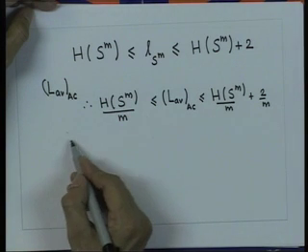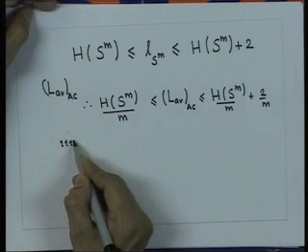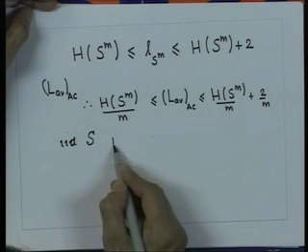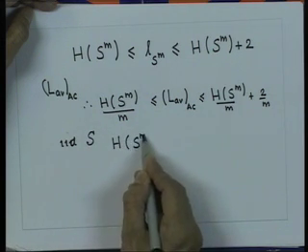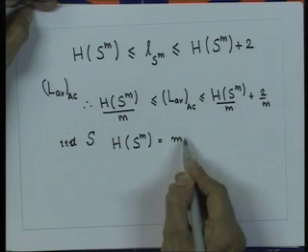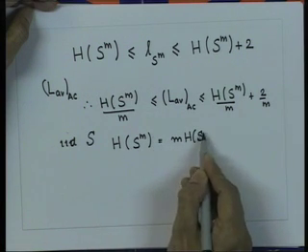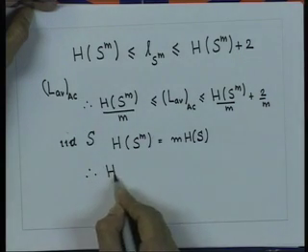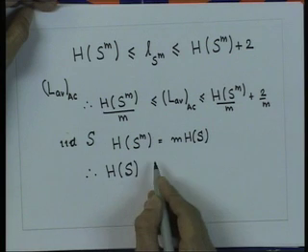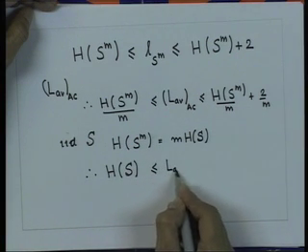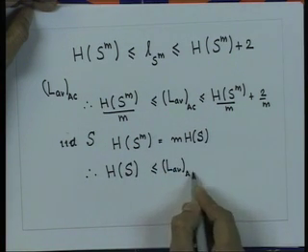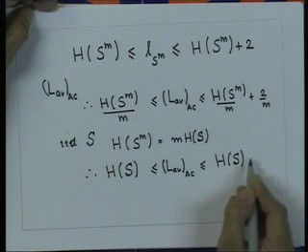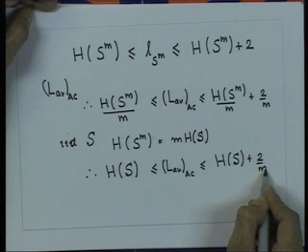Now, for the IID source, we know H of Sm is equal to m times H of S. Therefore, from this we get the entropy of the source less than or equal to L average for the arithmetic code, less than or equal to the entropy of the source plus 2 by m.